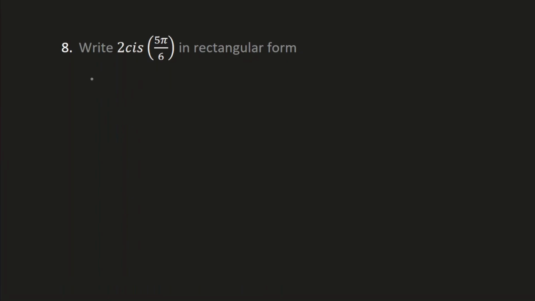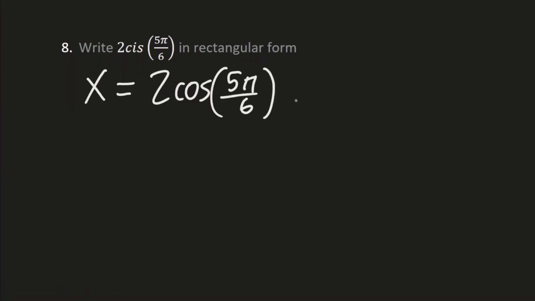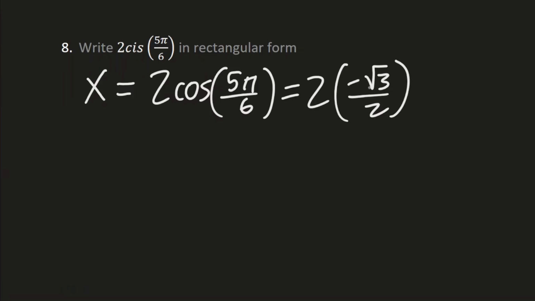For this question, our real part, x, is going to be equal to 2 times the cosine of 5 pi over 6, which is negative square root of 3 over 2, and the 2's will cancel, so this will evaluate to negative square root of 3.